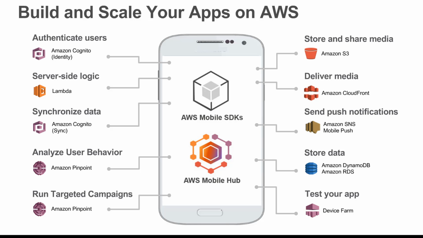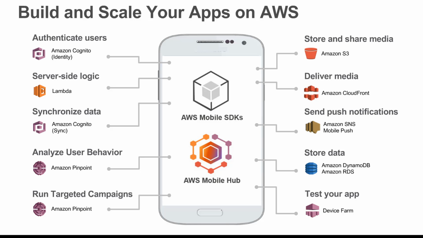It starts with the top left where we've got Cognito, which is going to be the focus of today's webcast. This is the identity offering for Cognito for authenticating your users and managing their permissions. If you've got server-side logic or a back-end that you want to build, particularly in a serverless architecture, we've got Lambda.